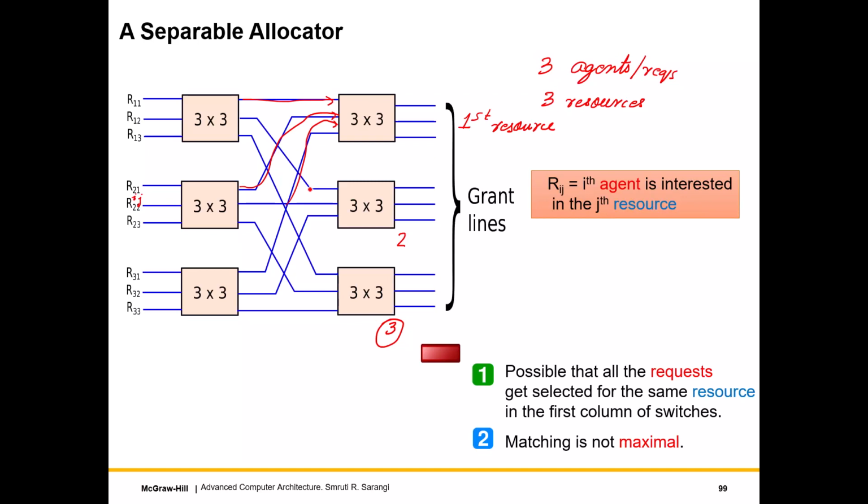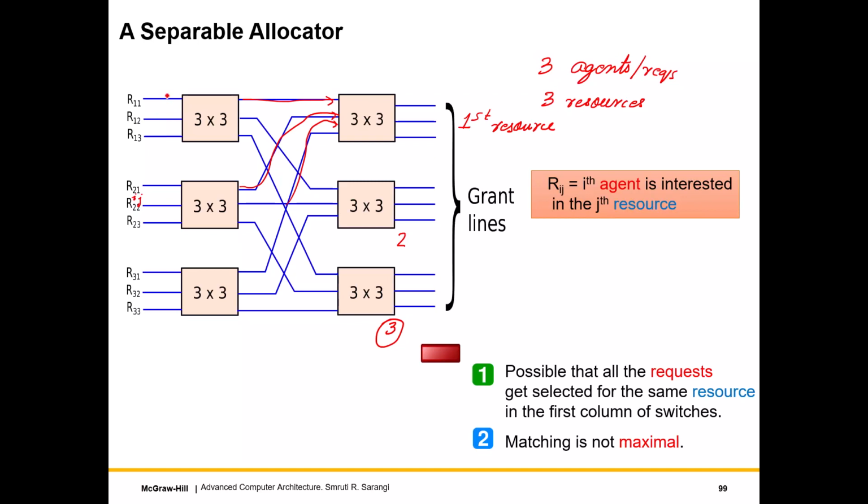This looks simple, but there is a problem. The problem is that it is possible that all the requests get selected for the same resource in the first column of switches. Given the fact that one agent can only be mapped with one resource, all of them will say that look, you are interested, you get mapped to the first resource.